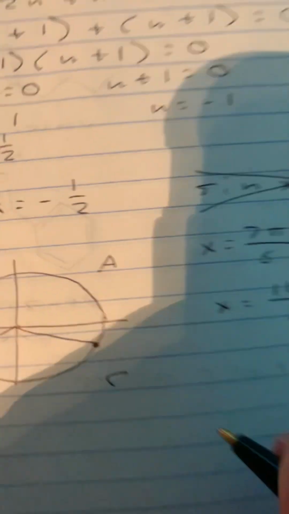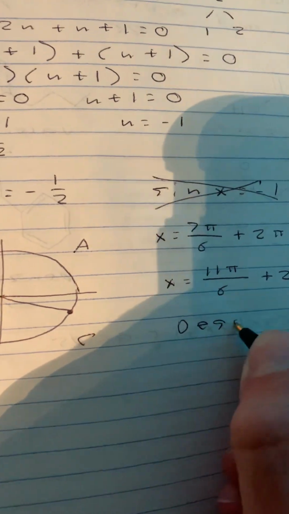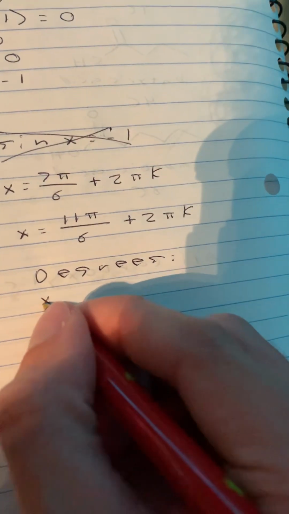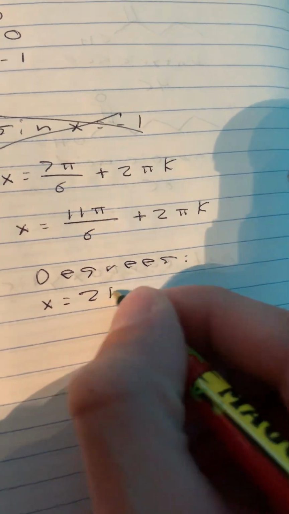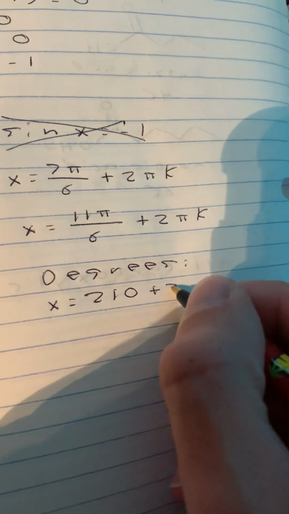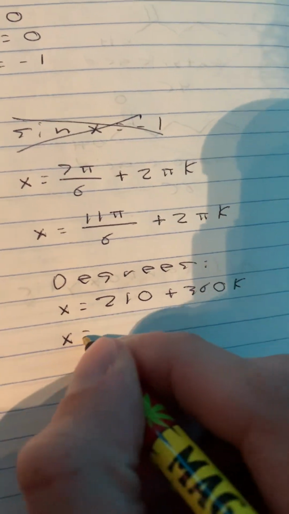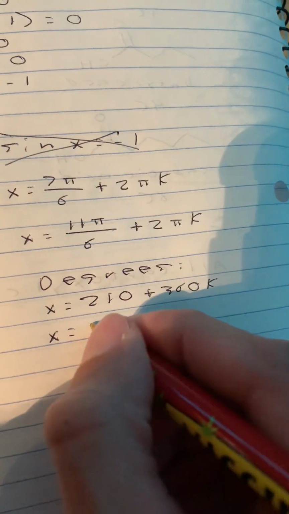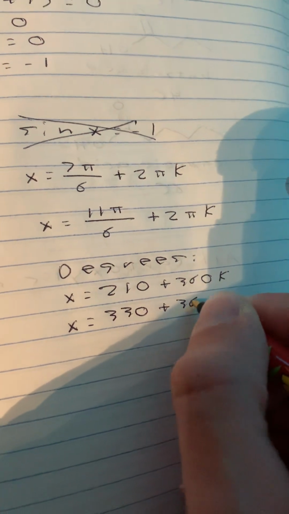So x in degrees is 210 plus 360k and 330 plus 360k.